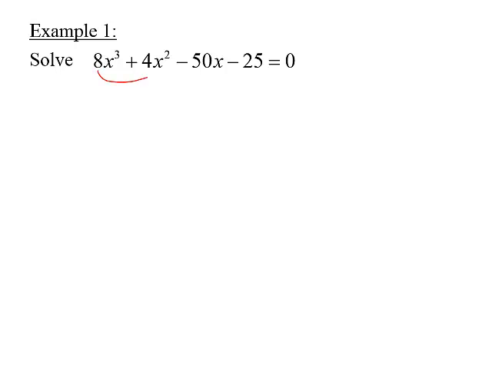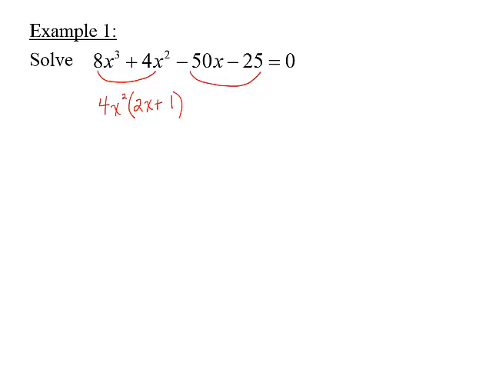If we pair together the first 2 terms and the last 2 terms, notice that the first 2 have a 4x squared in common. Factoring out a 4x squared from 8x cubed leaves a 2x. 4x squared divided by 4x squared leaves a 1.